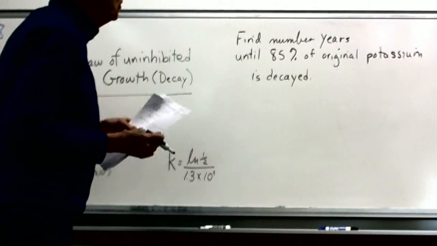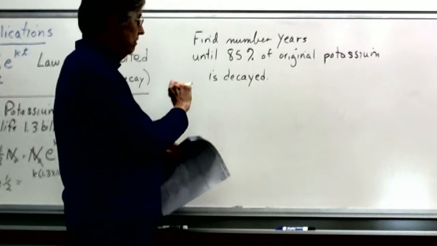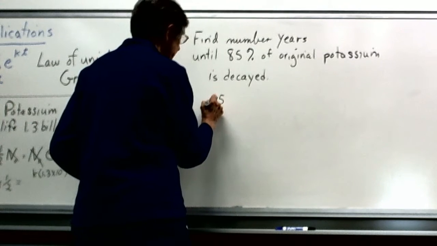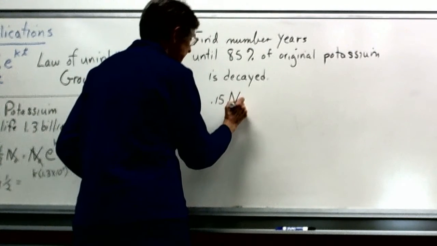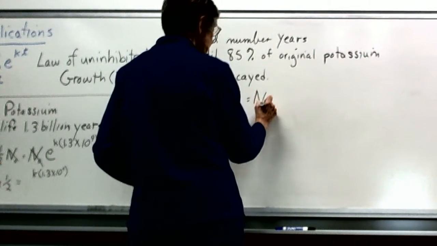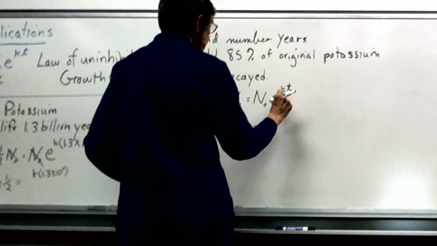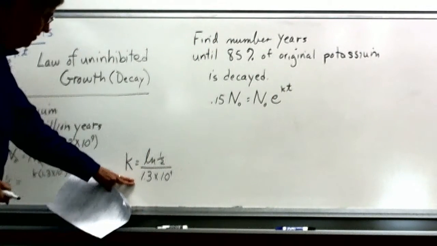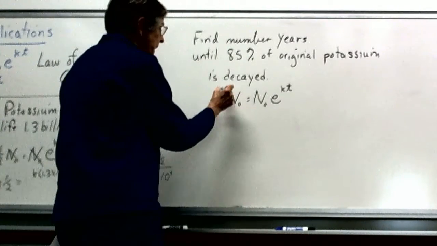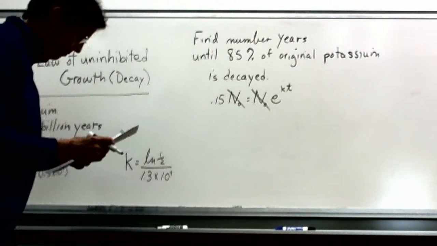Now, if 85% is decayed, that means we have 15% of the original amount. So 0.15 times the original amount, which we'll call n naught, is equal to whatever that was times e to the kt. Now remember, we found k is this decimal number over here. So again, divide by n naught, change it to exponential form.